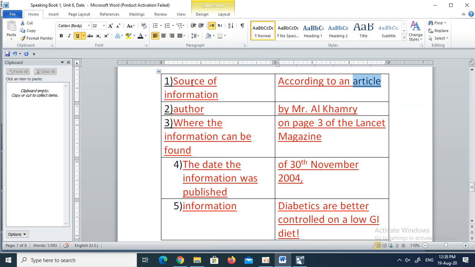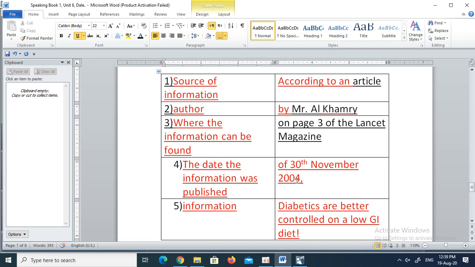The source of my information was an article by, and I tell you, Mr. Al-Khamri, and by telling you Mr. Al-Khamri, I give you the author of the article, and then I tell you where the information can be found. It's on page 3 of the Lancet magazine. So if you want to check that information, you can go there yourself.